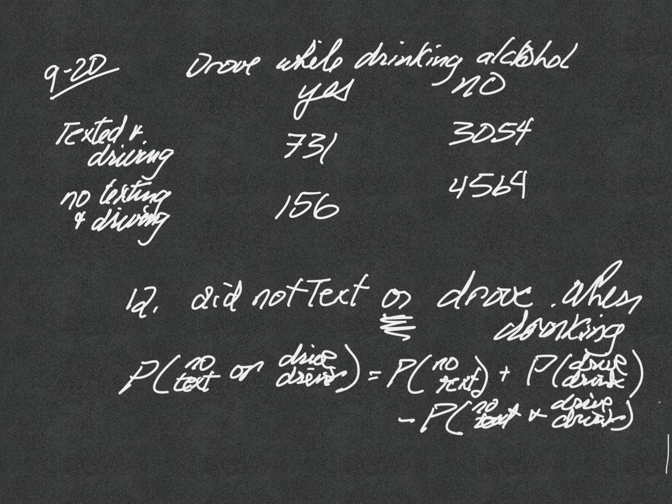So, how do we do that problem with this table of values here? What we notice is that we have some pretty high numbers: 731, 156, 3054, and 4564, and they're all separate categories. So to get a probability, we need to get a relative frequency.